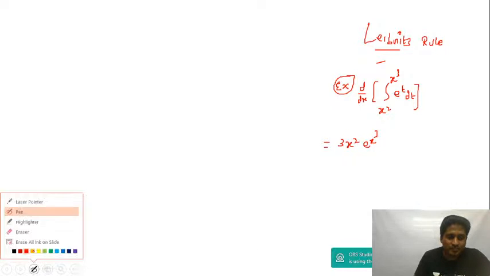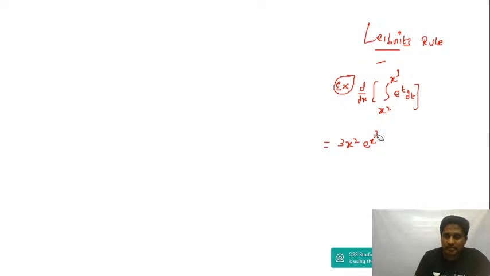Leibniz rule: minus differentiate the lower limit, and in place of t you put the lower limit.